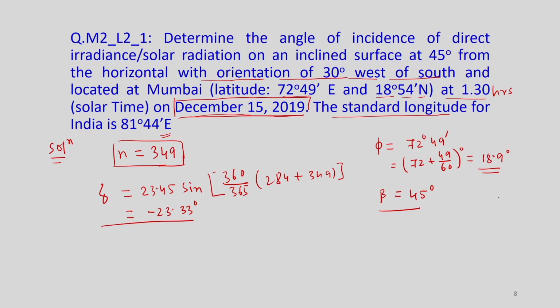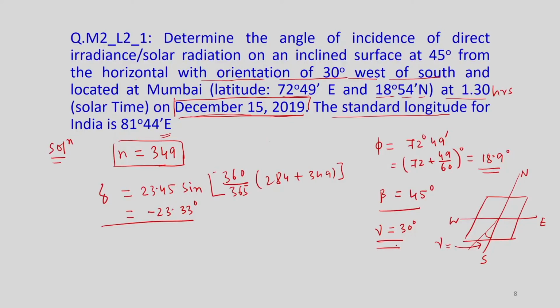So, if we make a plot of something like this, this is north, this is south, this is east, this is west, and this is west to the south. So, this angle is gamma, and this is the surface azimuth angle. This gamma is given as 30 degree. So, these values are given.